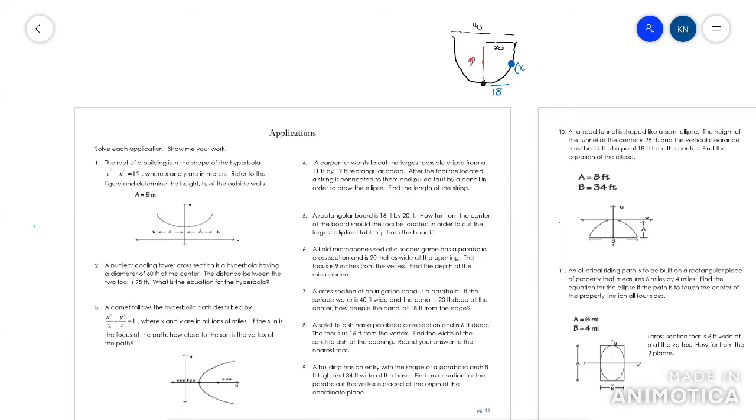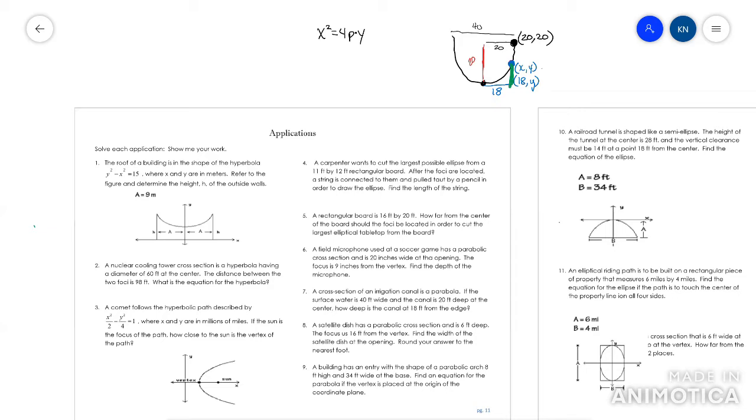If you think about this as an XY coordinate, you know the X is 18, and they're looking for the Y. They're looking for this green height. The first thing I'd realize is this right here has a coordinate 20, 20. Now I'd also realize that for parabolas, if we're calling this 0, 0, then it would be x squared equals 4py.